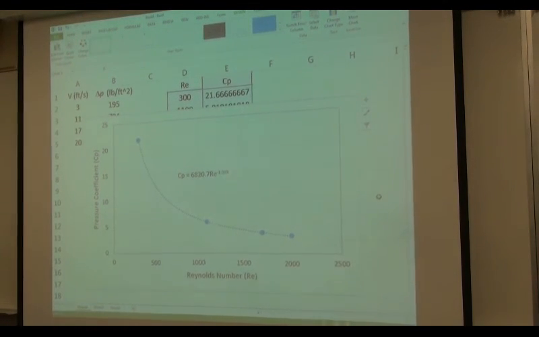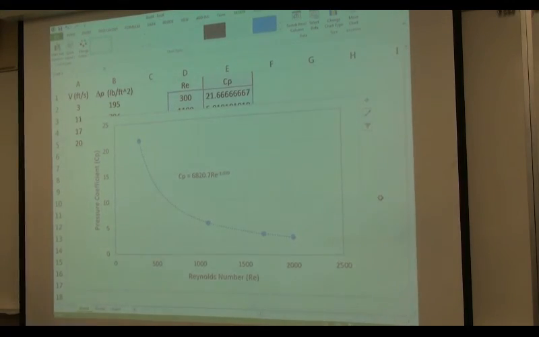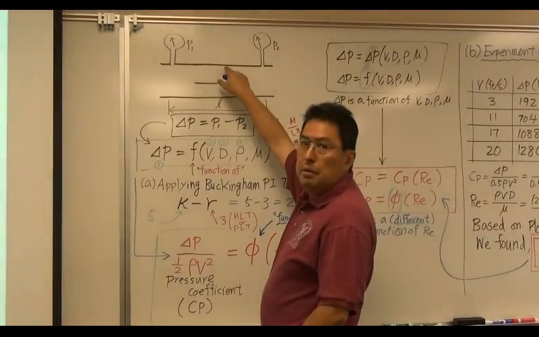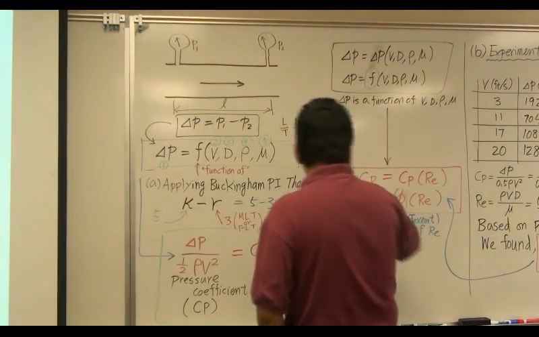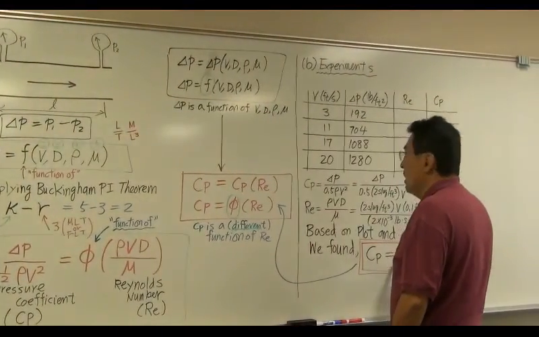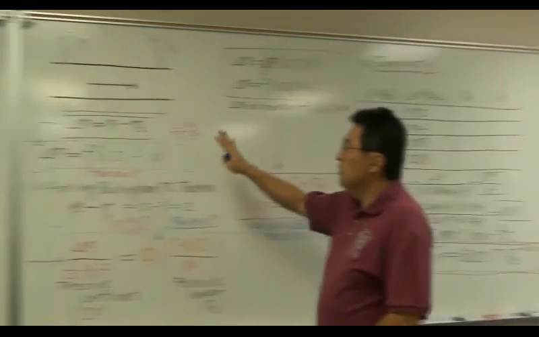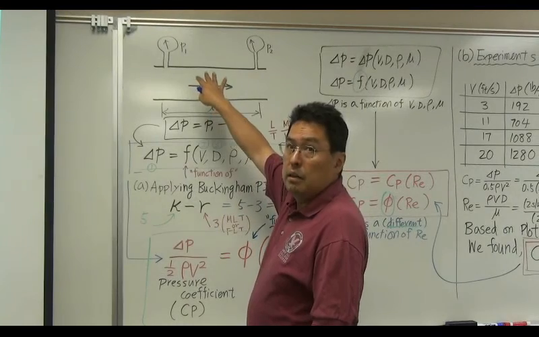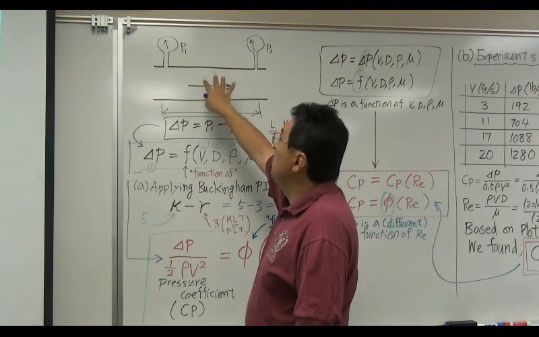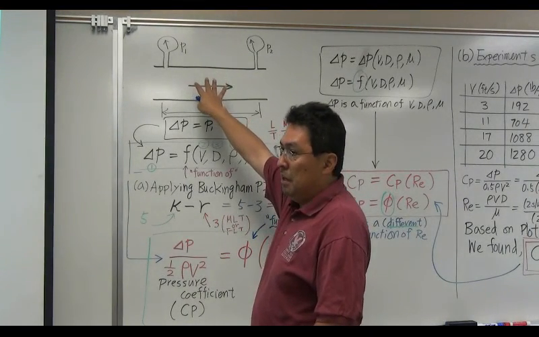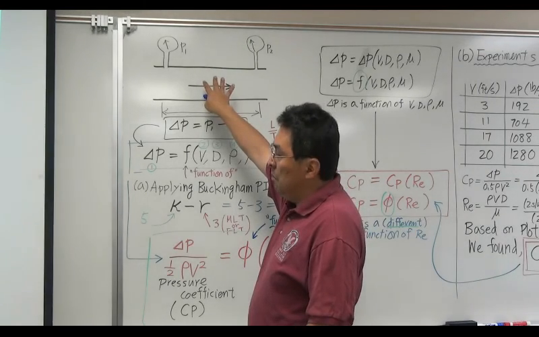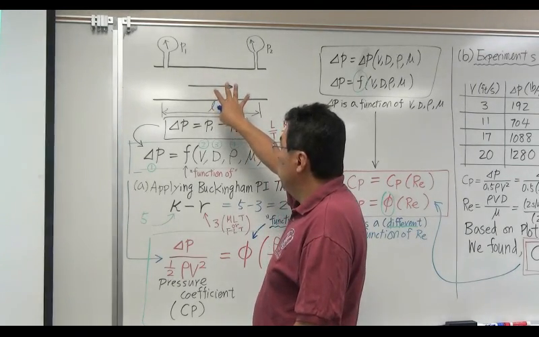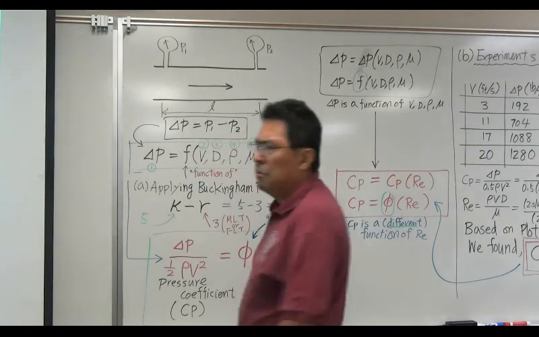So this is very useful data. In other words, you're using this experiment to determine this relationship. Then suppose you build a real pipe system, okay? In your real pipe system, your Reynolds number happens to be, I don't know, 1200. Then your question is, how much pressure drop do we have?